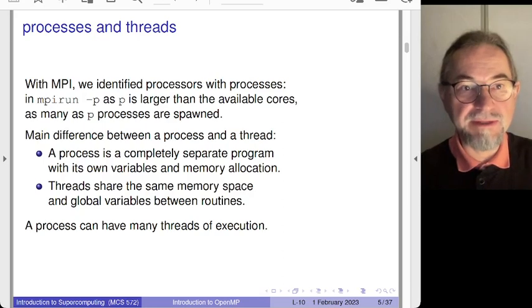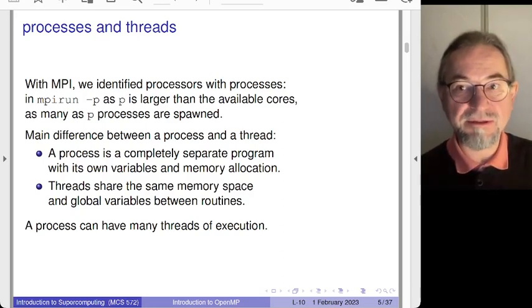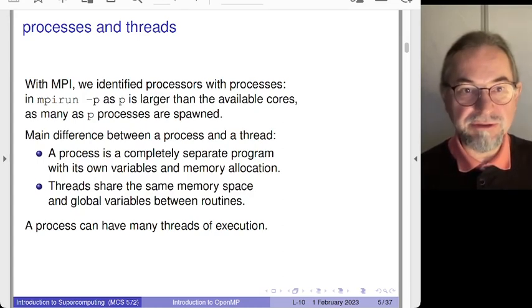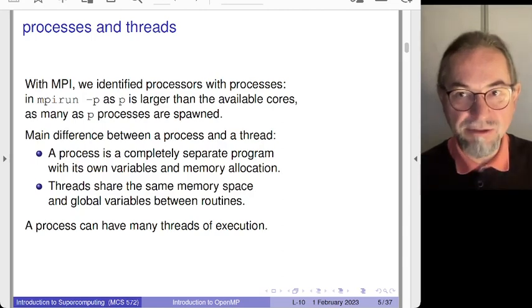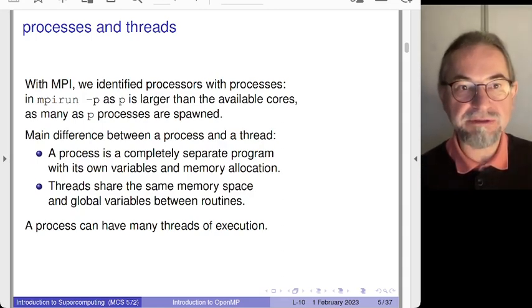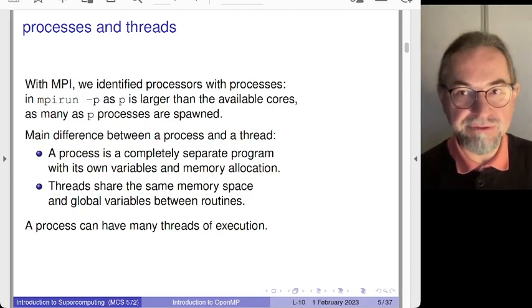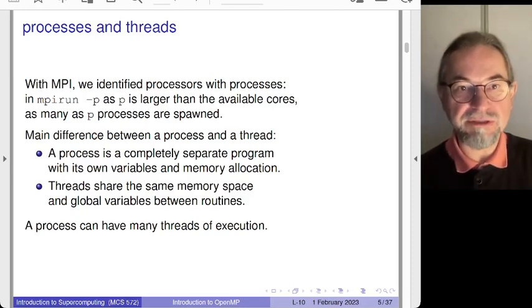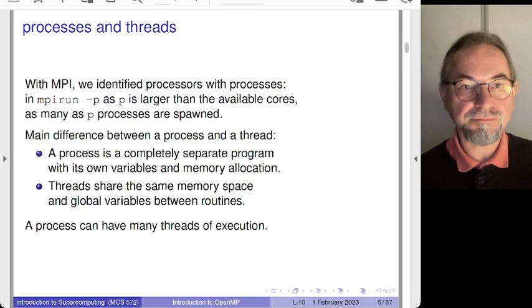Just to make the difference with what we've done in the second part of the course, where we looked at distributed memory parallel computers, we were essentially running a single program by multiple processors. Every processor is identified with one process. When we did this with Python, with the multiprocessing module, we were actually spawning many Python interpreters. There's a huge difference between a process and a thread.